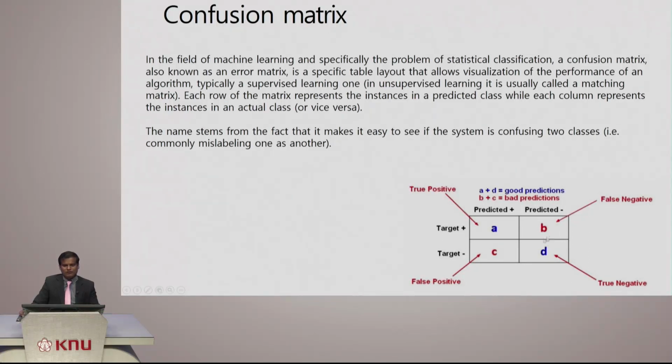For example, if your input is cat and the output is dog, you have a bad prediction. So you have to understand how this is happening and what a bad prediction is all about.